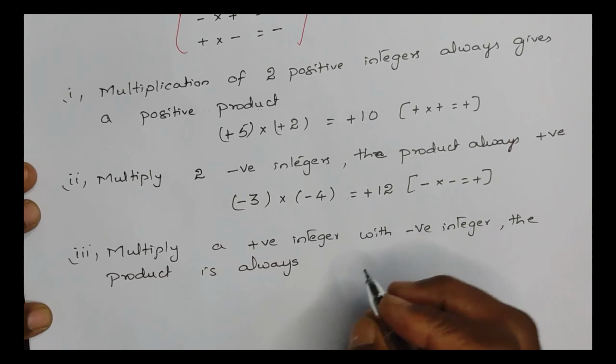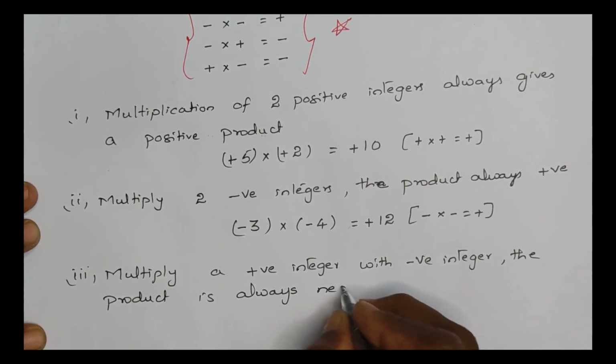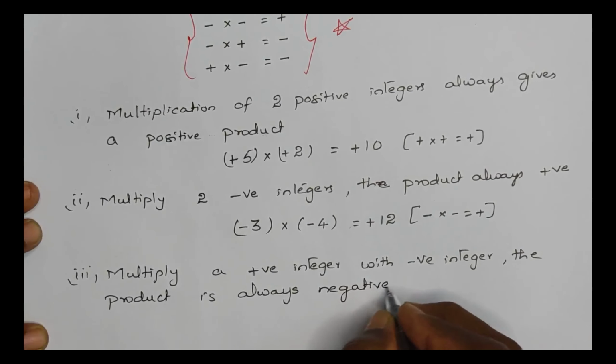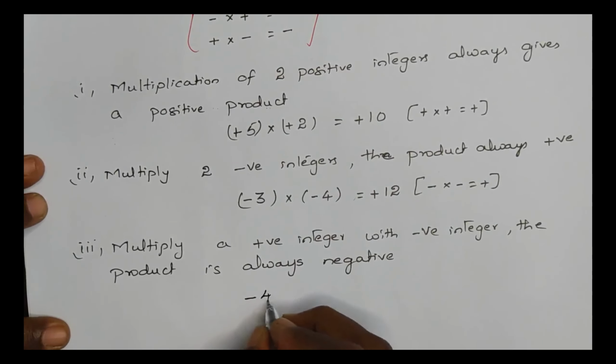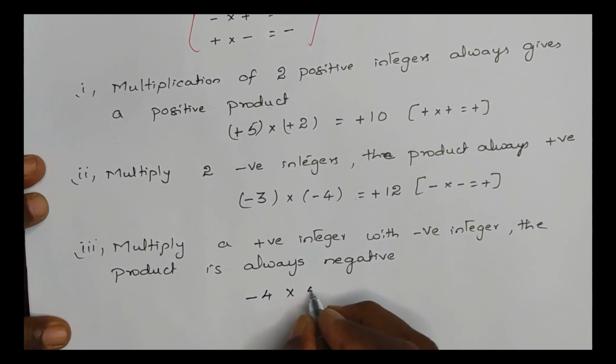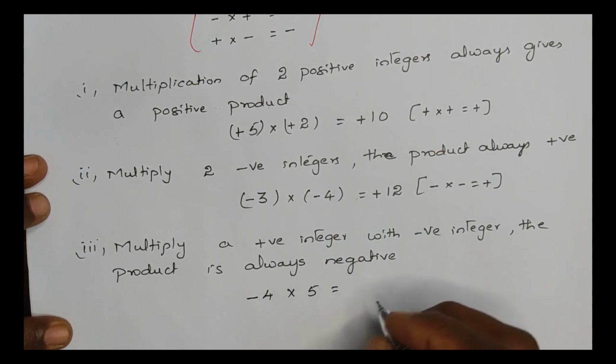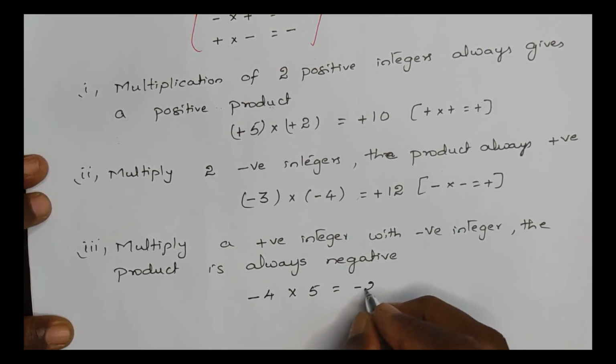Yes, always negative. For example, if you multiply minus 4 with a positive 5, it gives you minus 20.